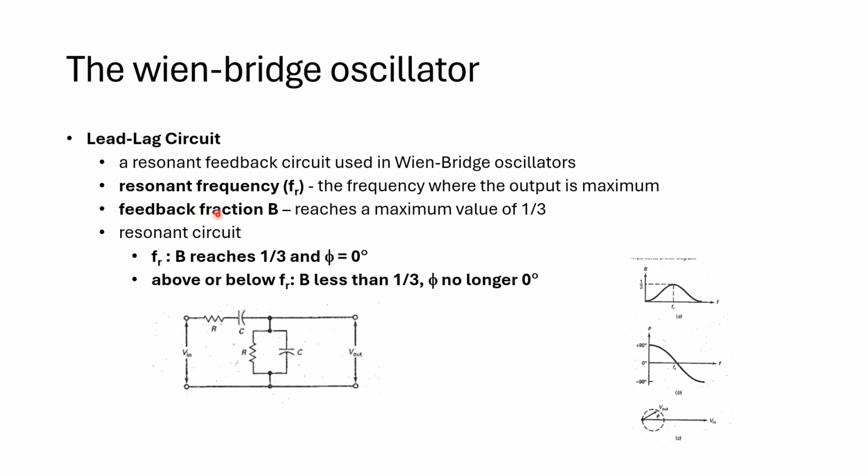At the resonant frequency, the feedback fraction B reaches a maximum value of 1/3 and the phase shift is equal to 0 degrees. Above or below FR, B is less than 1/3 and the phase shift is no longer 0 degrees.